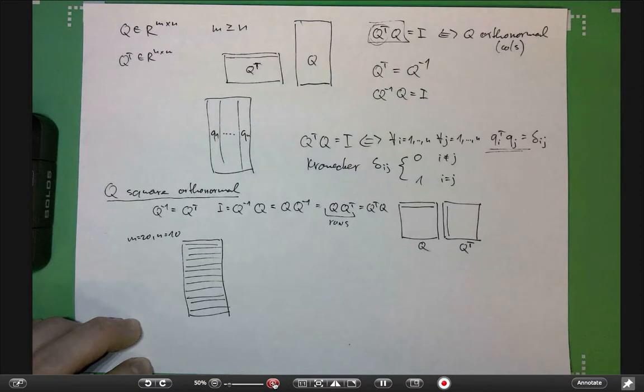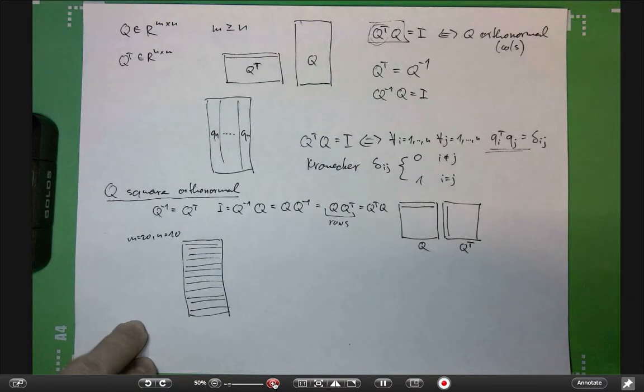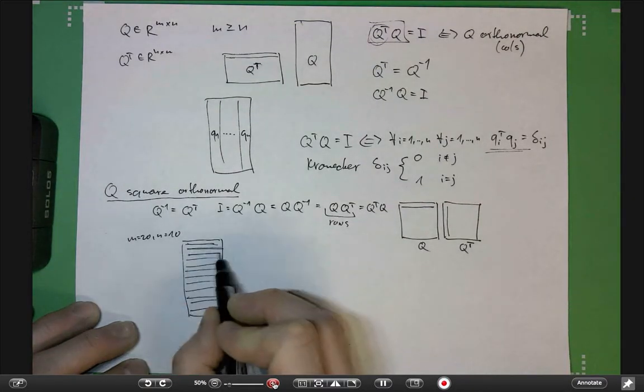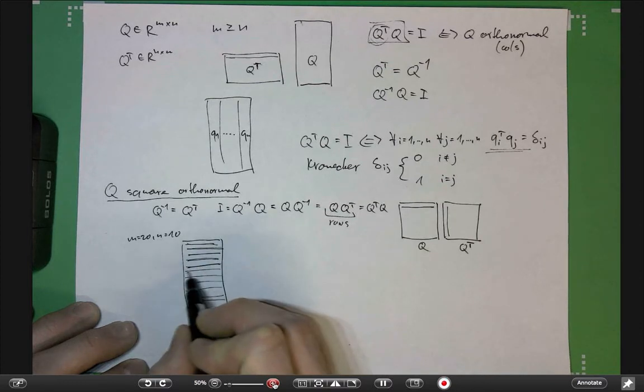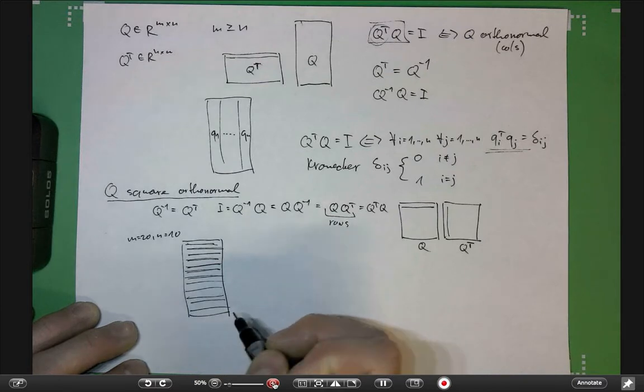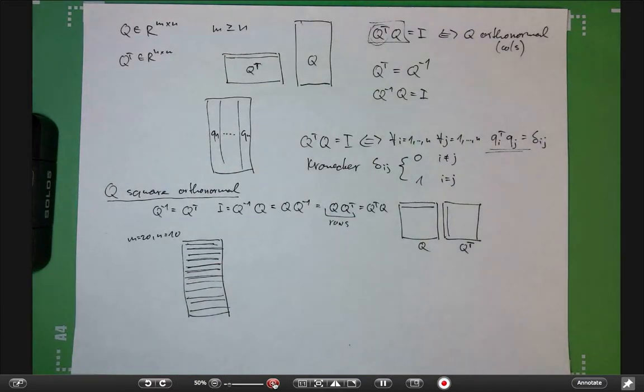That's because, do you have an idea? No. All the rows would be of the same size. I drew it sloppily, but all of them have 10 elements, right? There are 20 rows, 10 elements each. Before the last lecture on Friday, we showed that if vectors are orthogonal, they must be linearly independent.